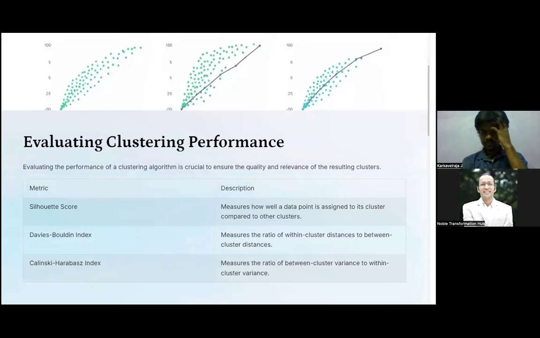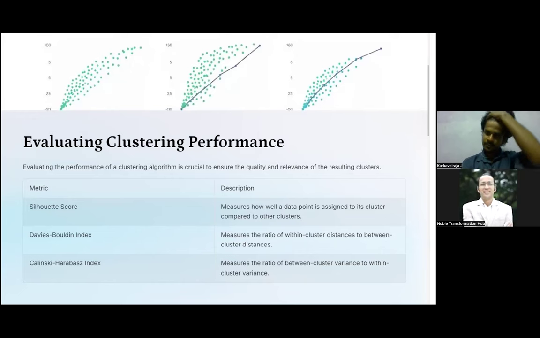Within the model there would be different clusters, and the work of the Davies-Bouldin index is to measure the ratio of within-cluster distance to between-cluster distances. The silhouette score helps us compare the data point assigned to other clusters.